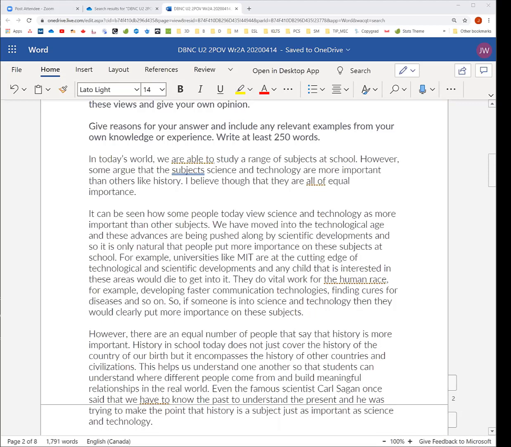For example, developing faster communication technologies, finding cures for diseases, and so on. So, if someone is into science and technology, then they would clearly put more importance on these subjects. Okay, good. Any questions about this paragraph from anyone?